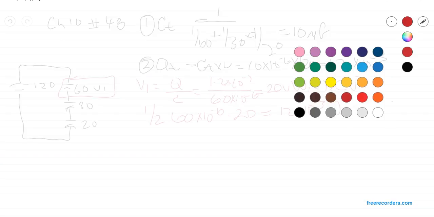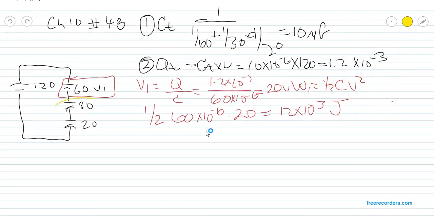So for the next capacitor, we'll use yellow, call that V2. V2 is equal to 1.2 times 10 to the minus 3 divided by 30 times 10 to the minus 6, and that is equal to 40 volts.